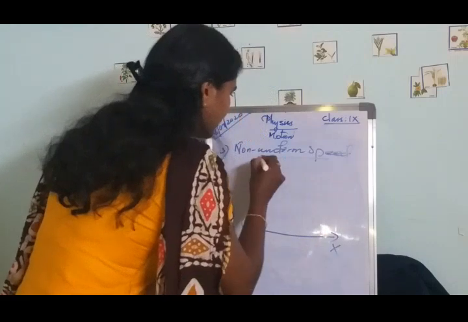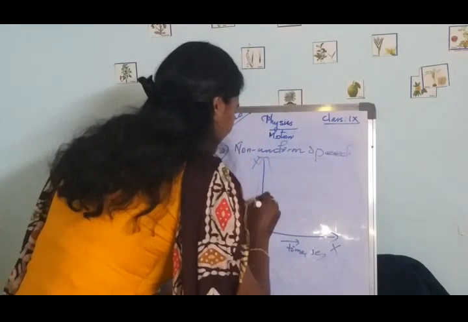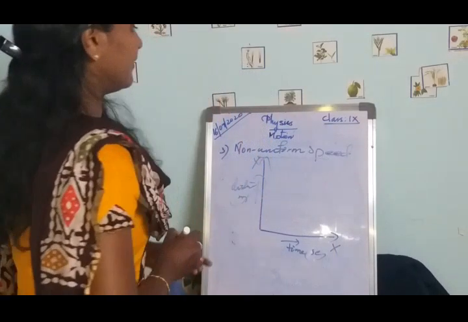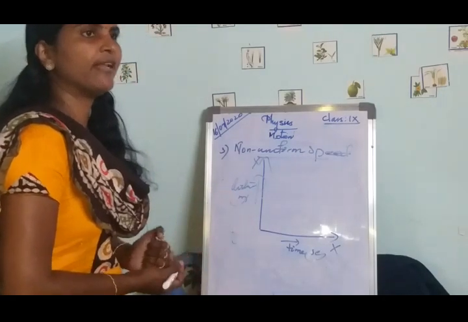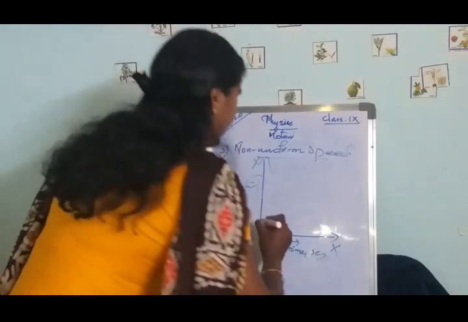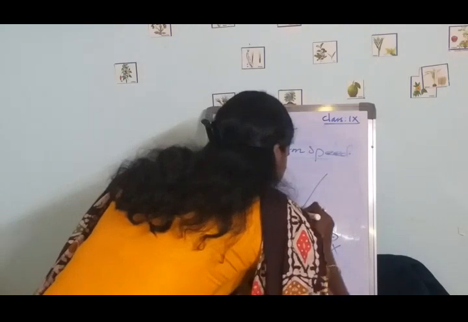Here the x-axis, the y-axis, time in seconds, and distance in meters. Non-uniform speed means that the object does not cover equal distances in equal intervals of time. So actually it is not a straight line. Instead of a straight line, we will get a curve like this.